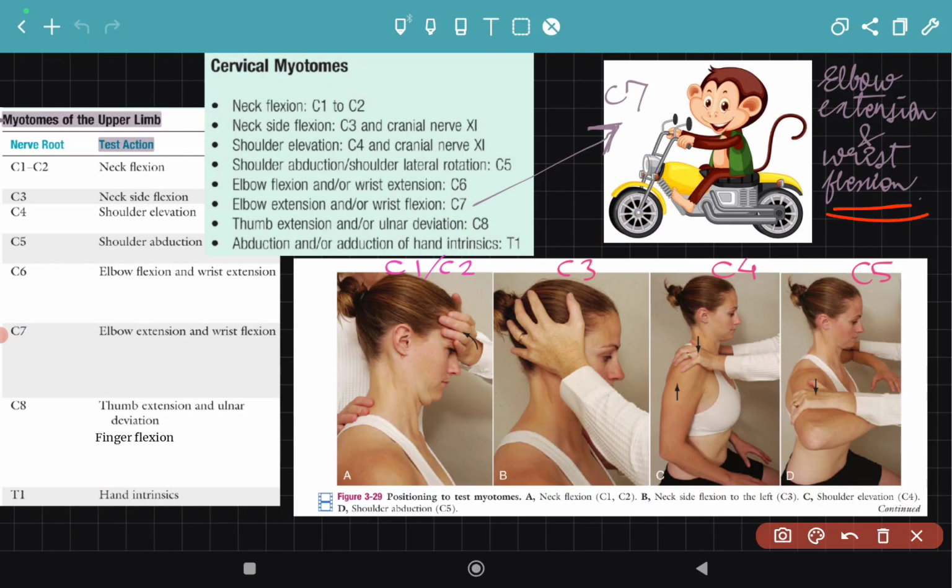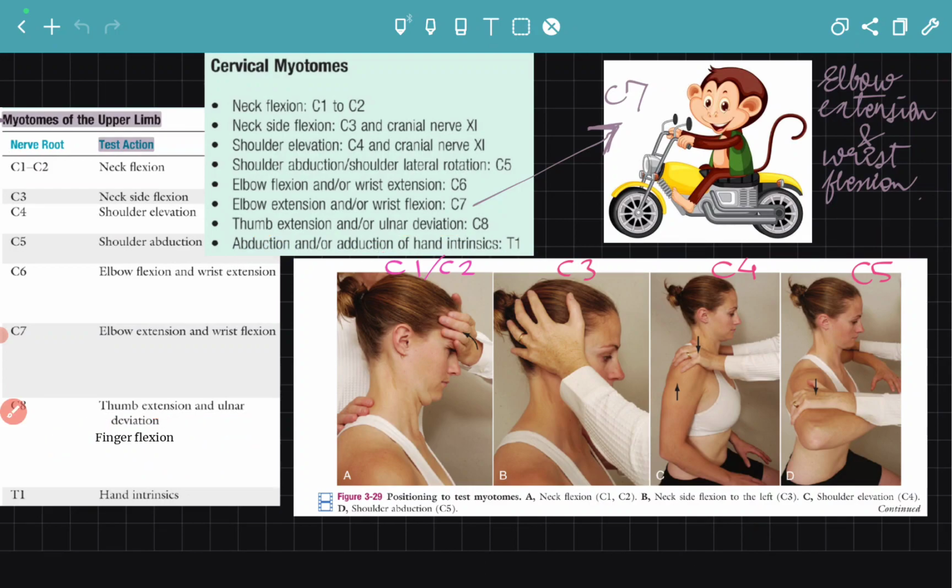This is just to make it easy to understand and remember. Elbow extension, wrist flexion is for C7. Then thumb extension and ulnar deviation is for C8. Along with that, C8 also has a finger flexion component. And T1 is intrinsics of the hand, which includes finger abduction and adduction.